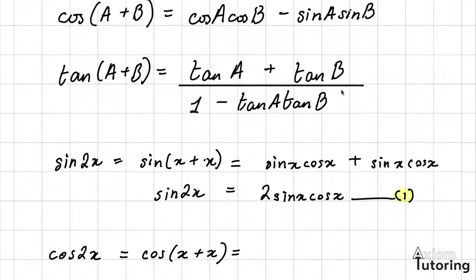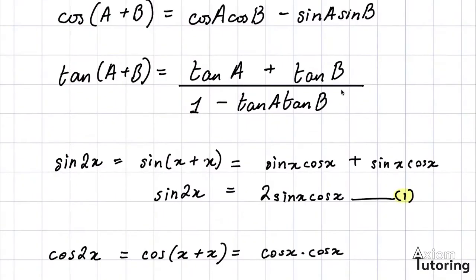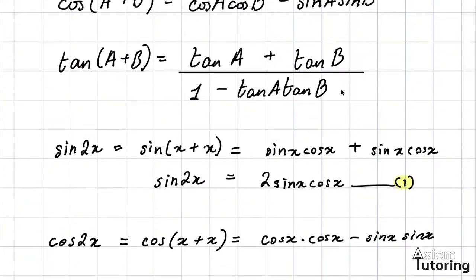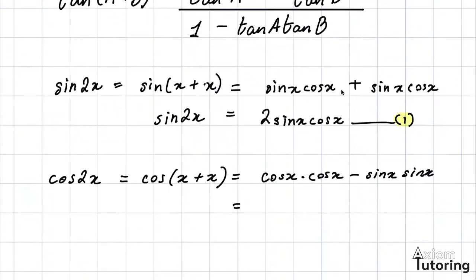So A and B are both x, so cos A cos B just becomes cos x times cos x minus sine A sine B. Again, A and B are both x, so that becomes minus sine x sine x. So we have cos squared x minus sine squared x. So this is our first form of cos of 2x.